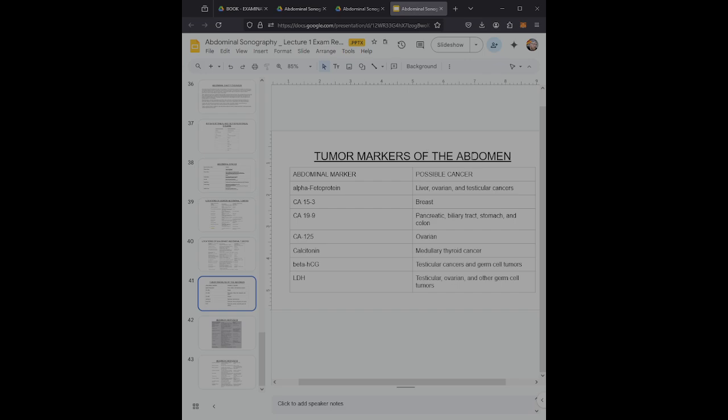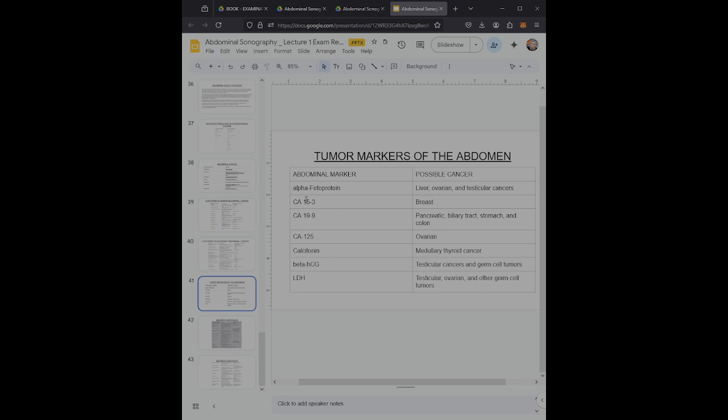So the tumor markers that we look at, such as alpha-fetoprotein, and the possible cancers are liver cancers, ovarian and testicular cancers. Alpha-fetoprotein and human chorionic gonadotropin aid in classifying and staging germ cell tumors for ovarian and testicular cancers.